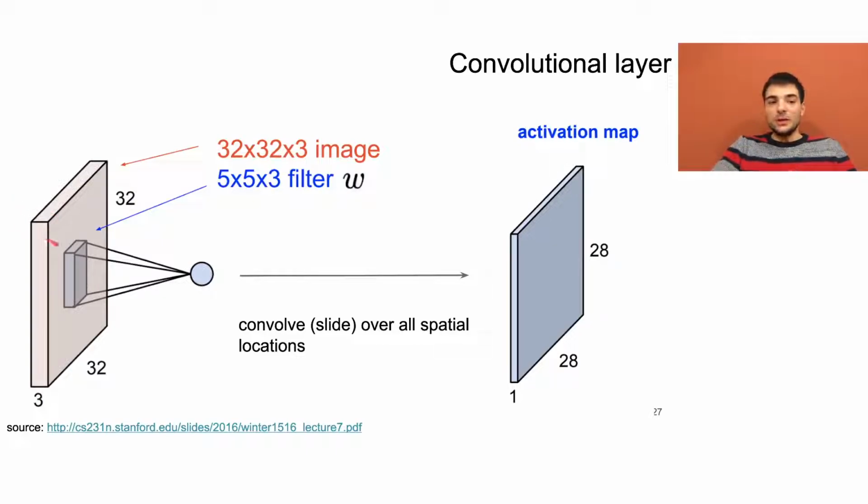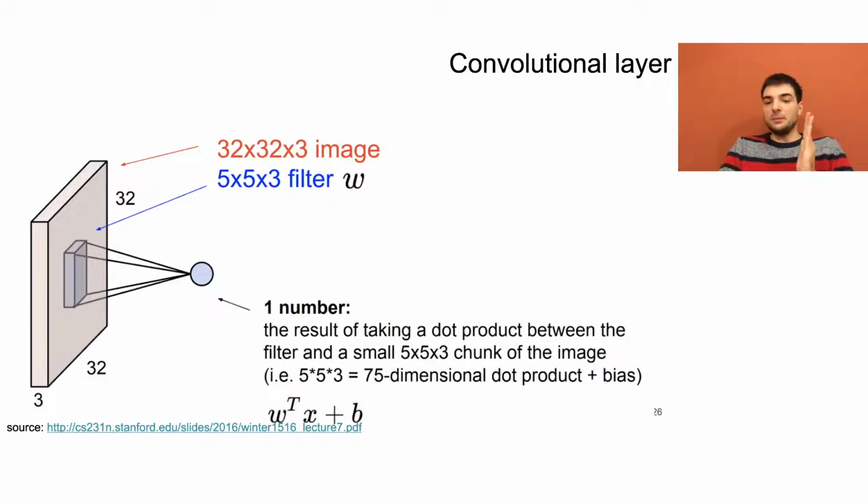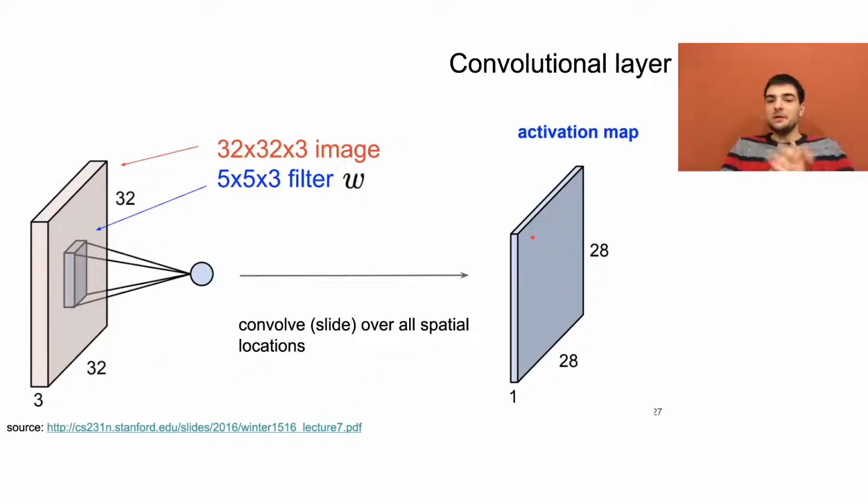So we just apply this filter to every possible location, make a linear operation, multiply the image by this filter, and get one number, like here we go. And we get the activation map, where every number is assigned by multiplication of this part of the image and this filter.